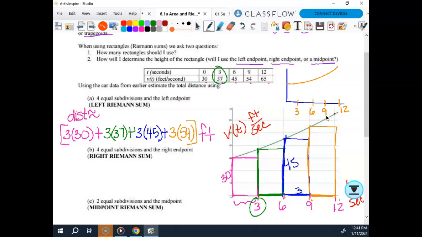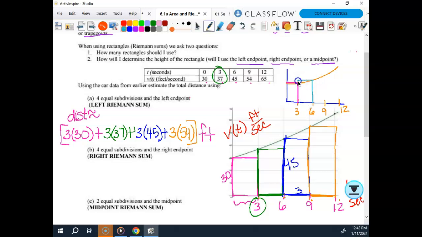Now we're going to do right Riemann sums. So my first interval goes from 0 to 3. I start on the right-hand side and drop down from the curve, and then draw to the left. There we go. Okay, so that's my first one. Then I go to 6, and that's the right-hand side of this second interval.